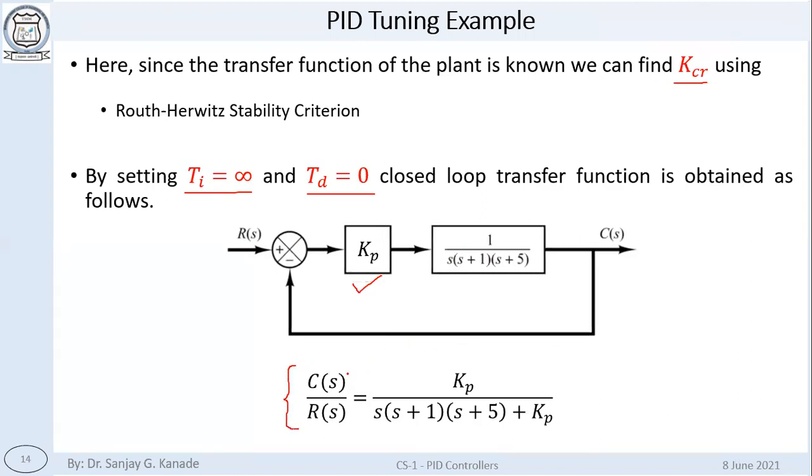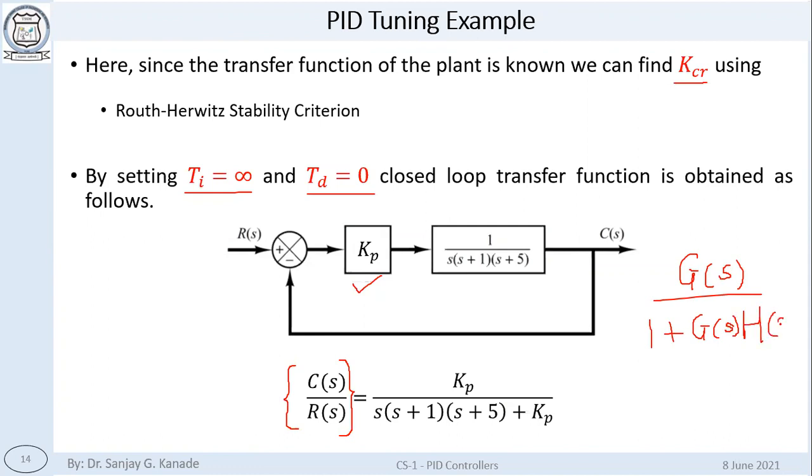This is the closed loop transfer function of the system. And how do we obtain it? Which formula do we use? G(s) upon 1 plus G(s)H(s). This is the formula that we use here.